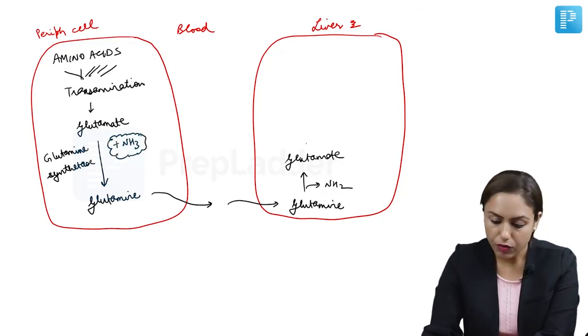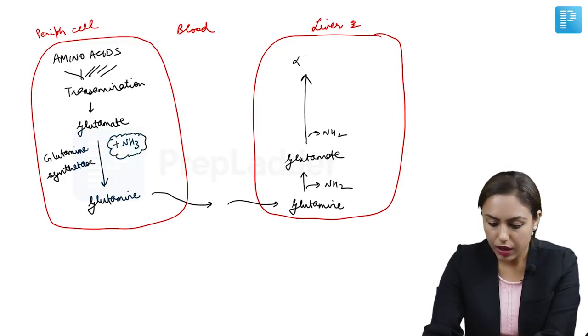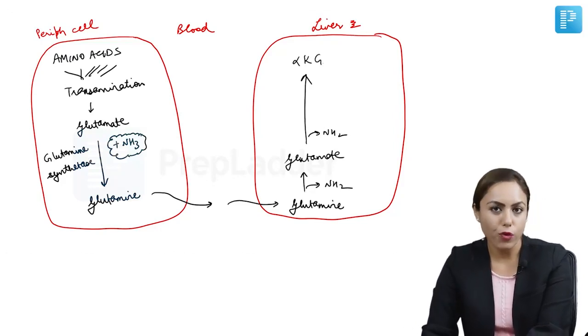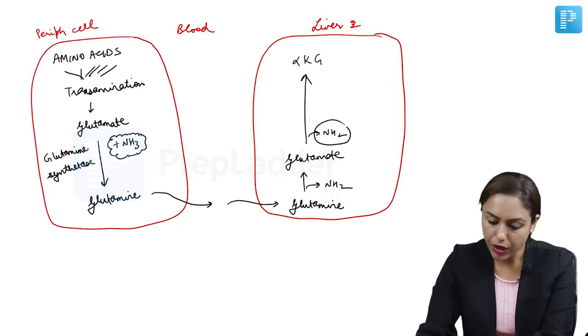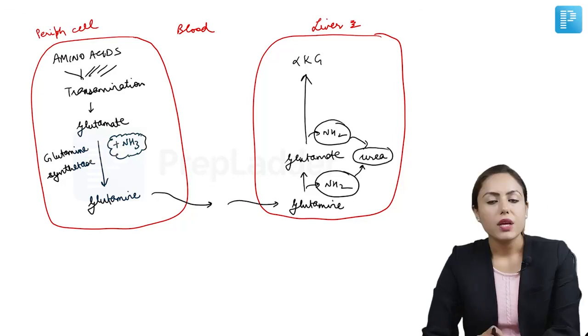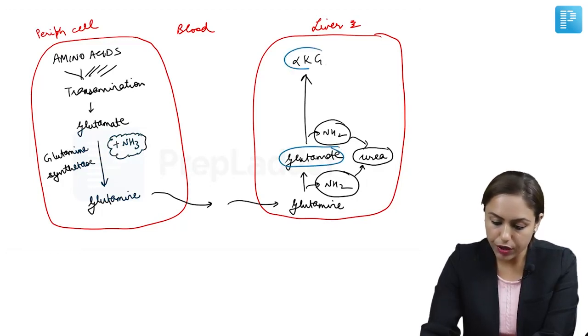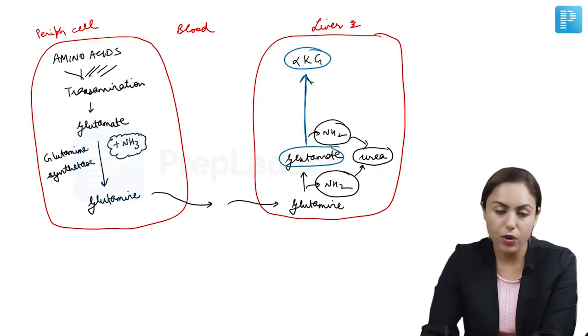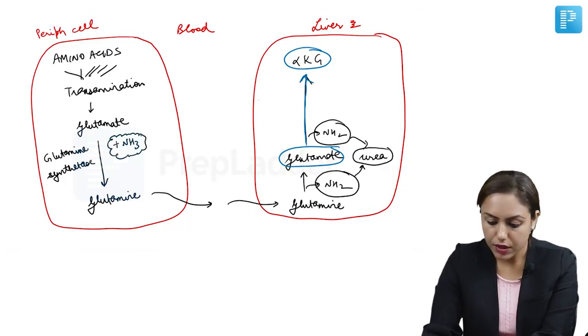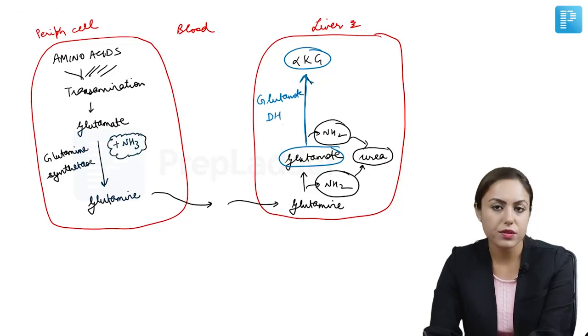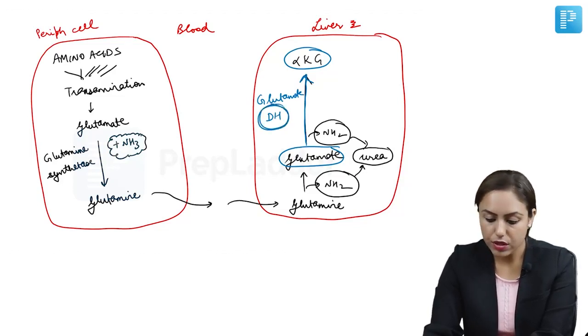Okay. Then from glutamate also there is removal of one amino group and alpha ketoglutarate is formed. Now these amino groups which are released in the liver will enter into the urea cycle, getting converted to urea, and urea is thrown out of the body. Now the conversion of glutamate to alpha ketoglutarate has one important enzyme to learn. This enzyme is glutamate dehydrogenase.